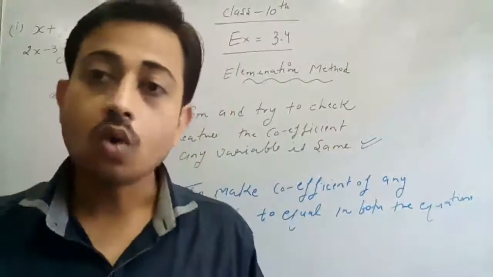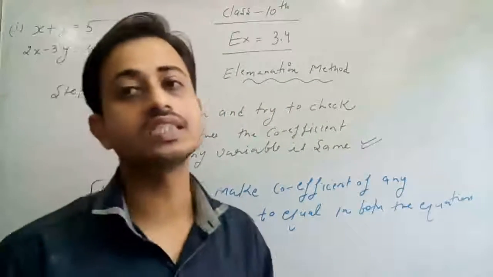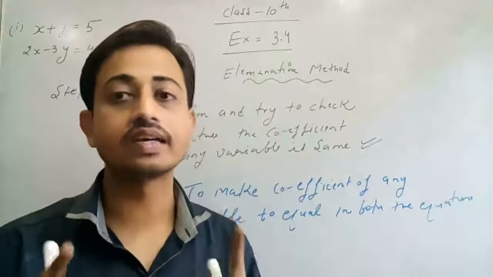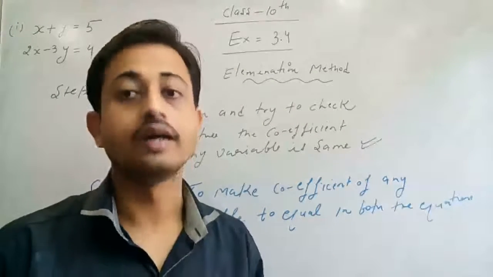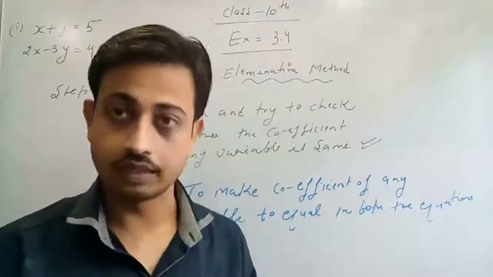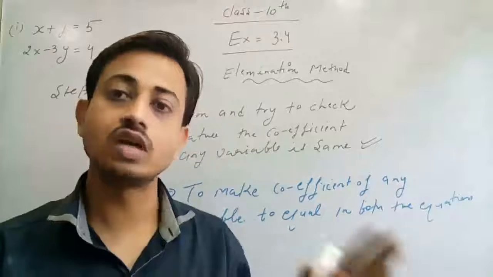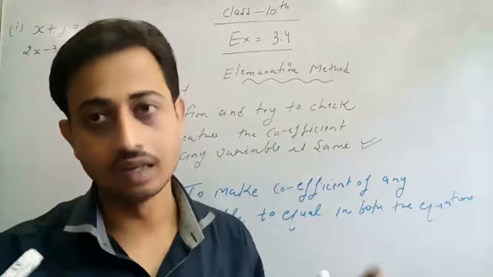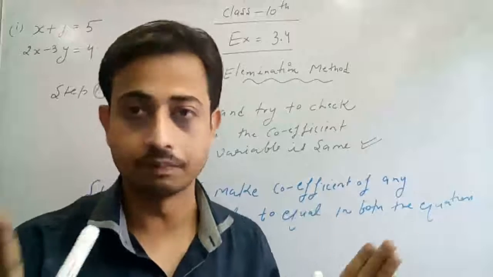You have to make the coefficient of either variable, either x or y, equal. And how do you get it equal? You have to multiply. According to the desired operation, you have to make it equal. You will multiply with any number. This is your second step.